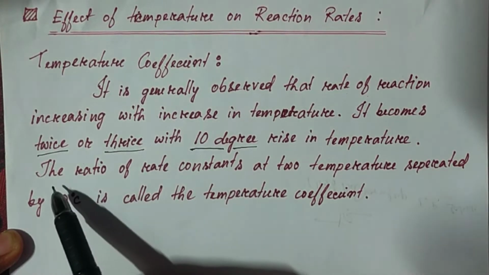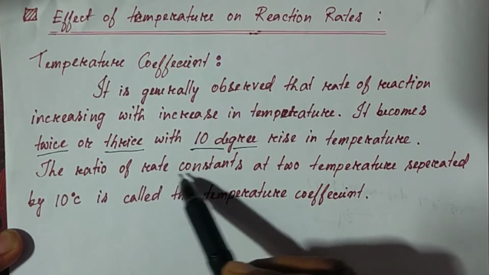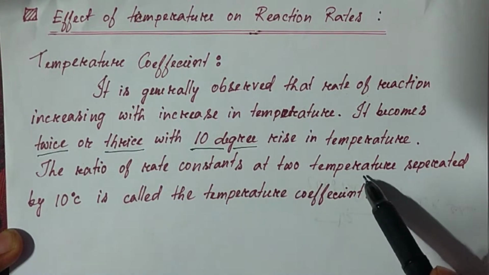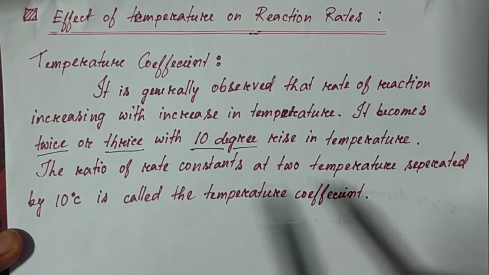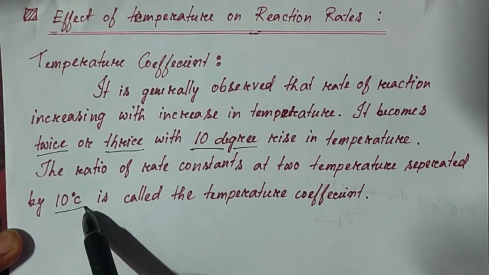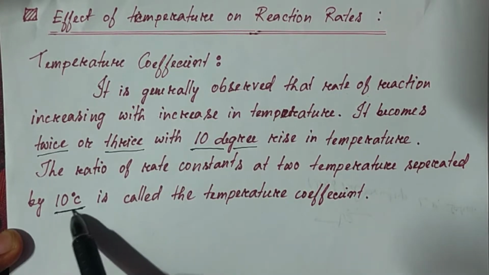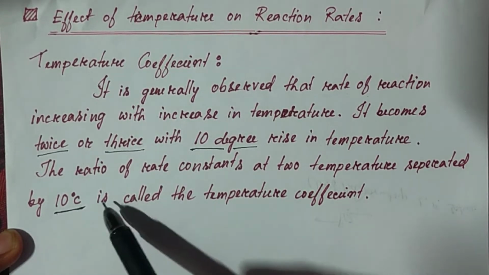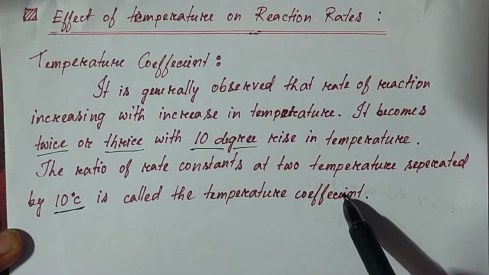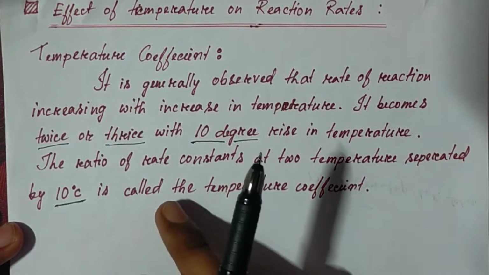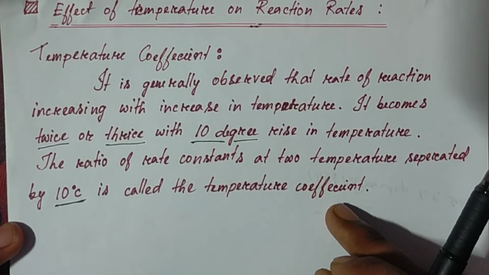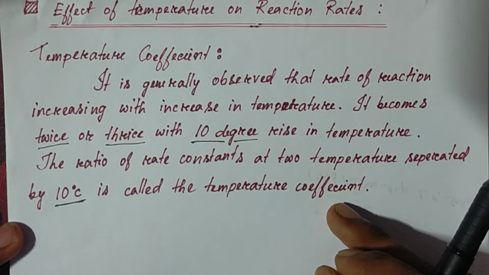You can write this: the ratio of rate constants at two temperatures separated by 10 degrees Celsius is called the temperature coefficient. This is very important. You can write this definition mathematically also.